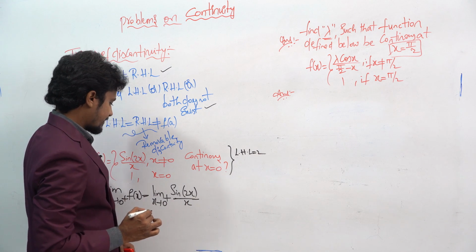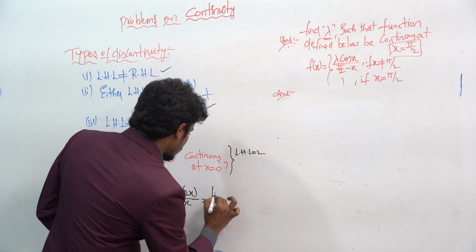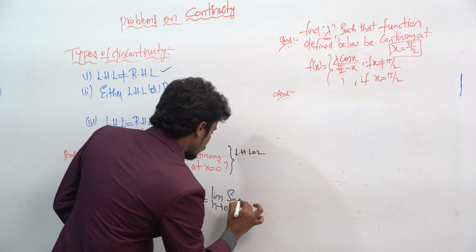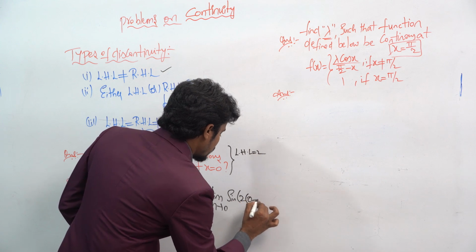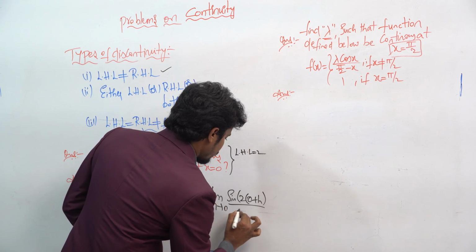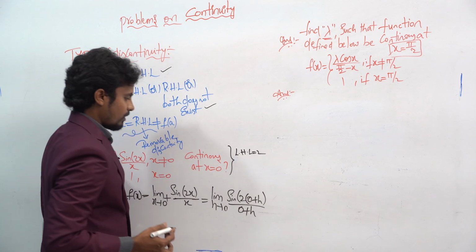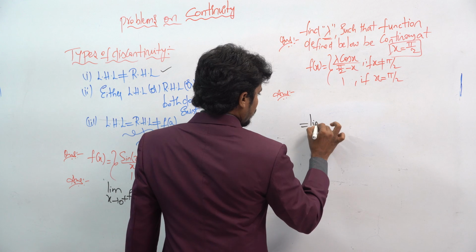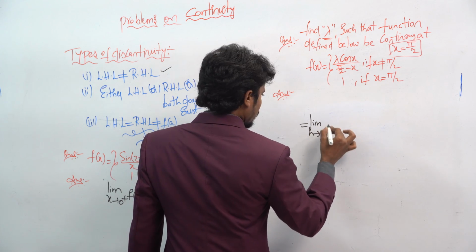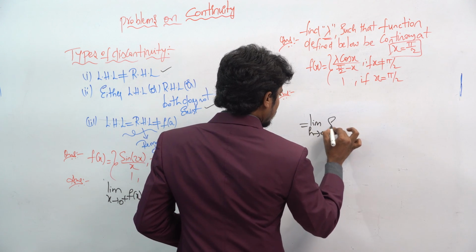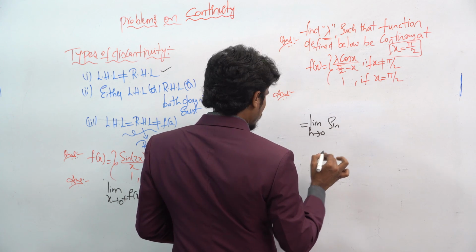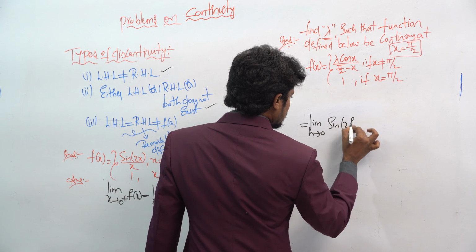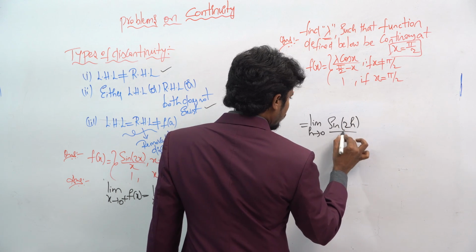Taking h tends to 0, sin of 2 into (0 plus h) divided by (0 plus h), that is sin 2h divided by h.